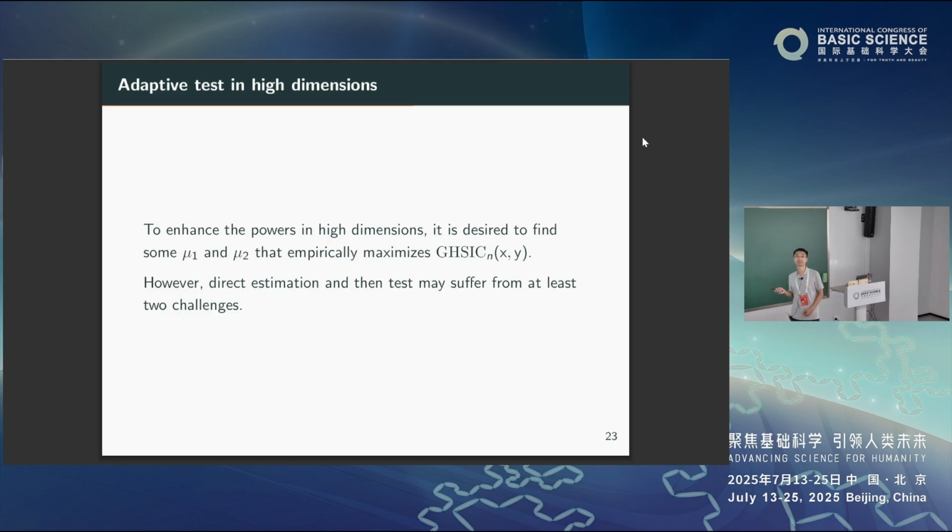To select the parameters mu1 and mu2, intuitively we can find mu1 and mu2 that maximize, or empirically maximize, the generalized HSIC at the sample level. But directly estimating mu1 and mu2, and then applying the estimated mu1 and mu2 to perform the independence test, will suffer from at least two challenges.